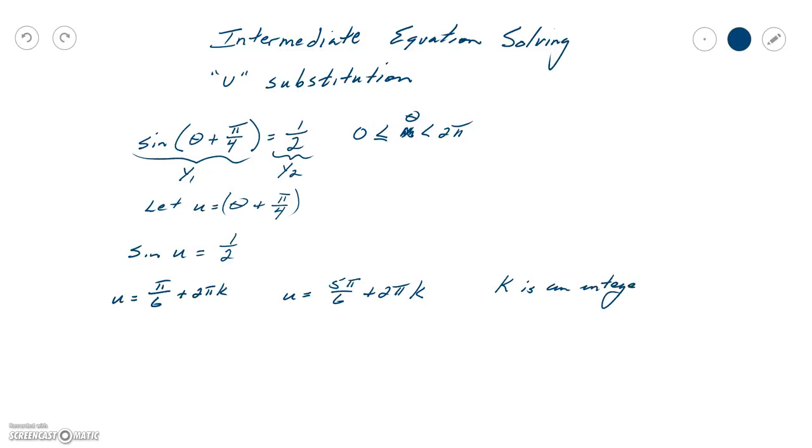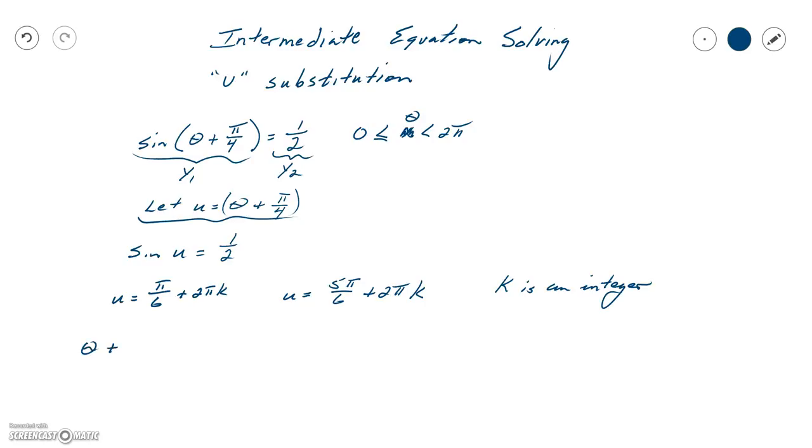Now, if you don't understand how it's wrapping around the unit circle, go back and look at the video on basic equation solving, because we talk about that there. Okay, so substituting U back now, we said U is equal to theta plus pi over 4.